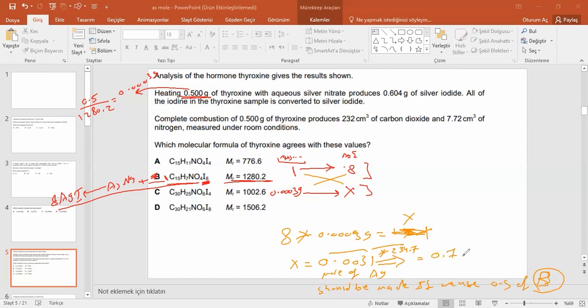The number we get is 0.7 gram of AgI is formed if the thyroxine was B. But they told us that we get 0.6, not 0.7. So option B is wrong.